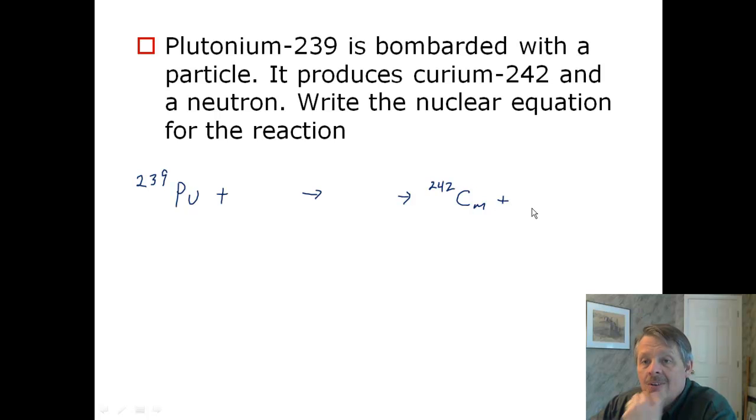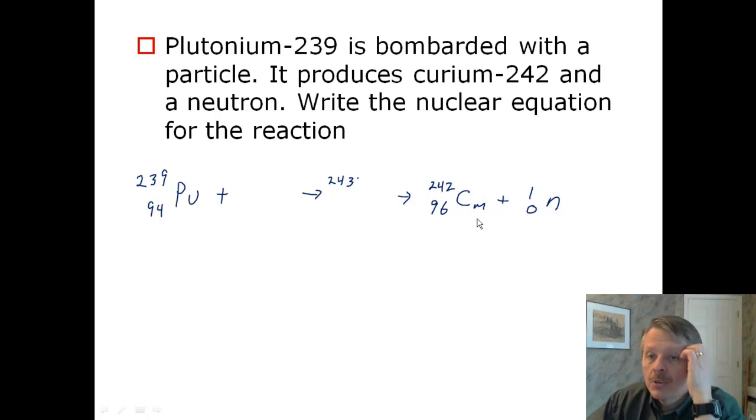And a neutron has no protons, has a mass of 1. All right. So our top number has to be a 243. And curium, if we look it up on the periodic table, is 96. And let's look plutonium up while we're at it, and that's a 94. All right, so 96 plus 0 is 96. So our total of everything on the right is 243 over 96.